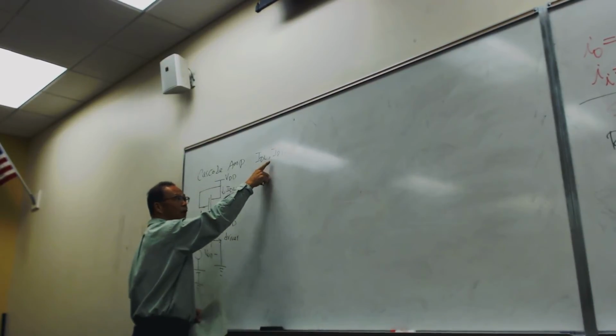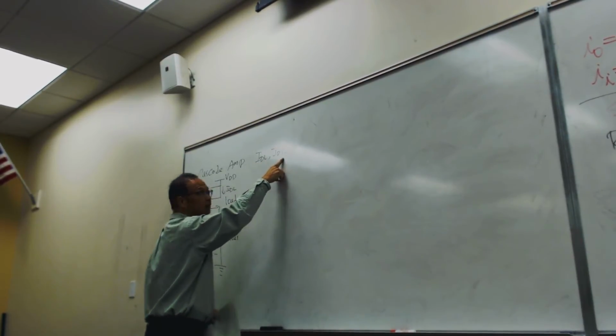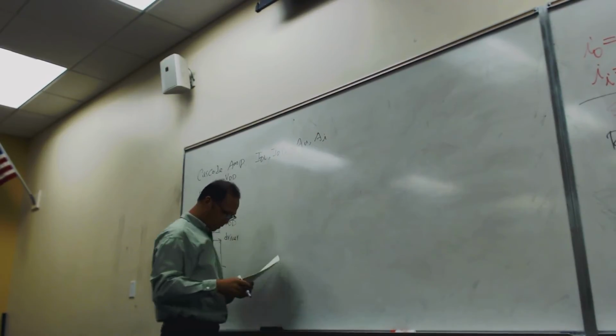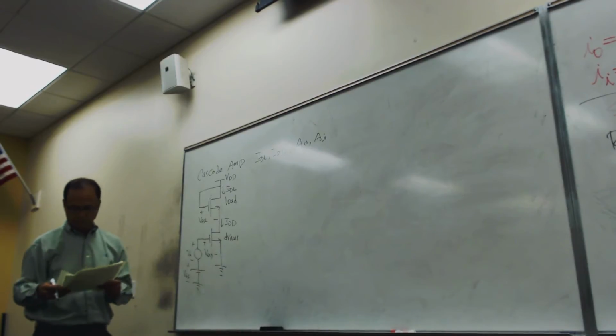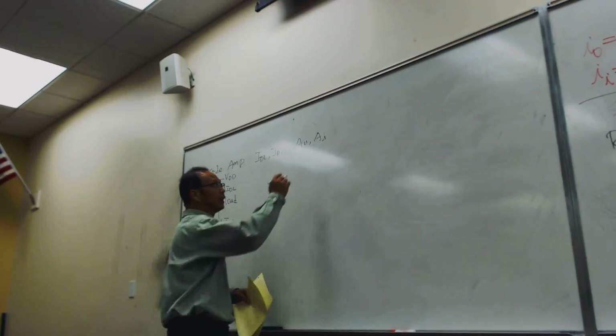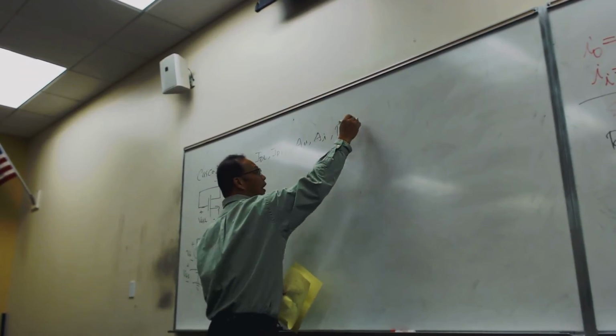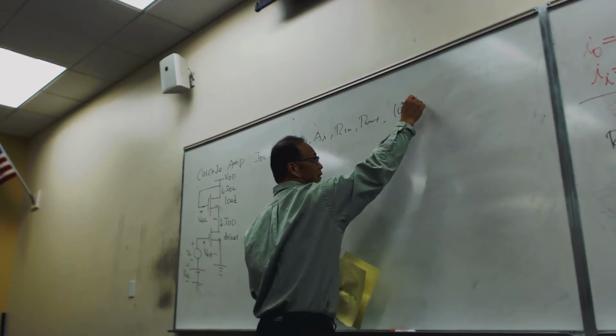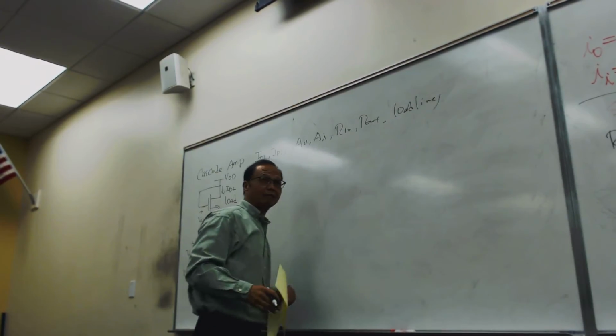L means load, D means driver, yes? We'll find out what A sub V and A sub I are, yes? Let me see what else I will find. Let's try to find out what R sub in and R sub out are, the load lines. So we find everything. I hope I have enough time, okay?